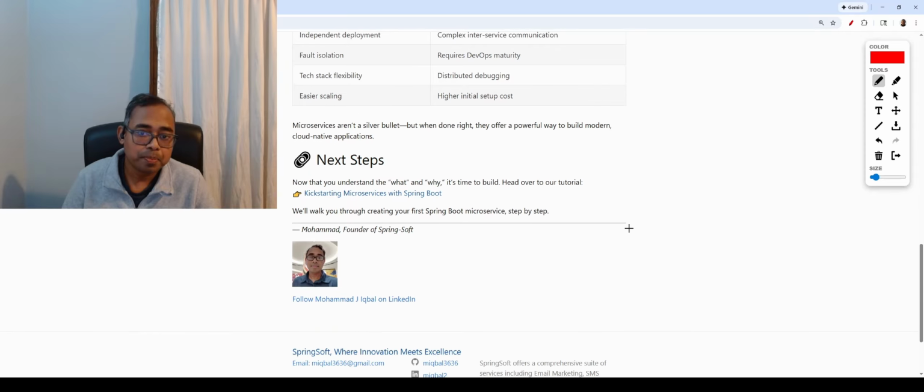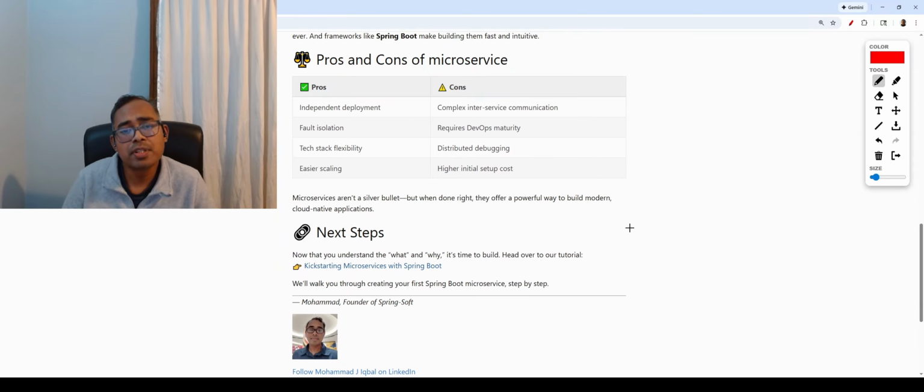So, are monolithic services bad? Is a monolithic service bad, right? It's not bad. It depends on how big you think the system will be, or how the user growth will be over time.